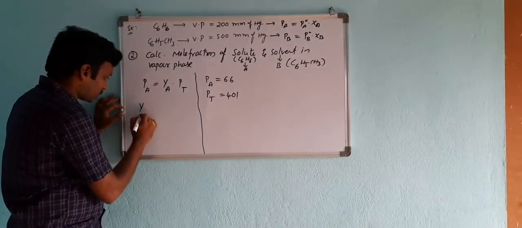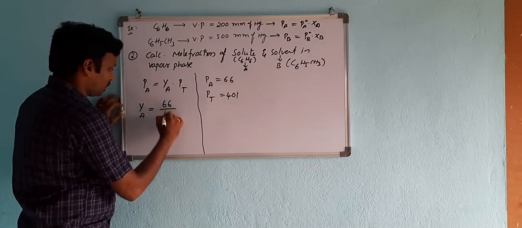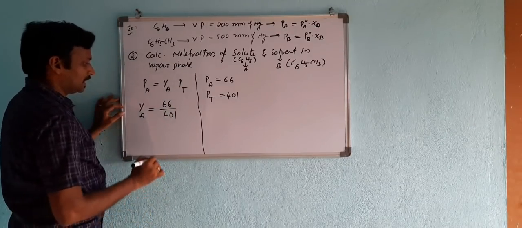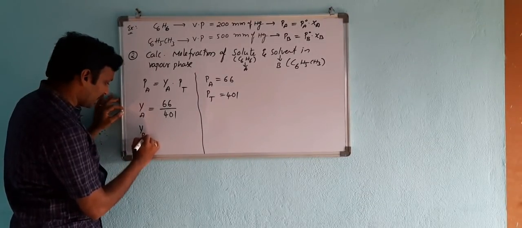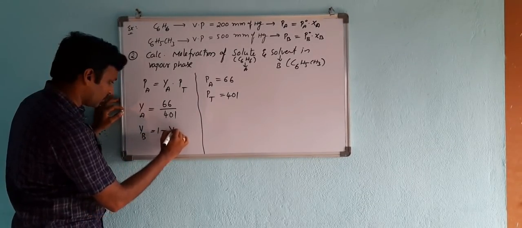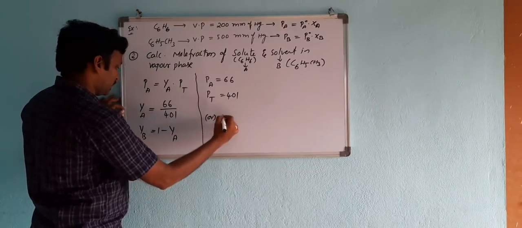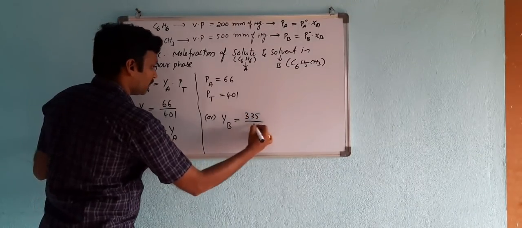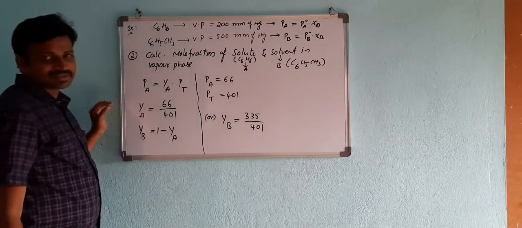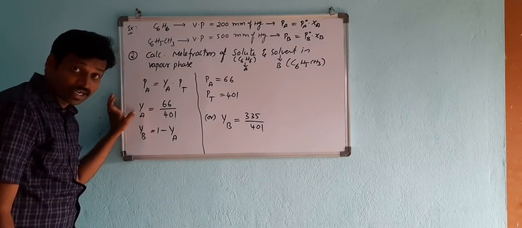So the mole fraction of A in vapor phase is 66 by 401. Got it? In the same way, what is YB? No need to calculate, it is 1 minus the mole fraction of A. Otherwise, you can calculate like this: YB is equal to 335 by 401. Both will come the same.